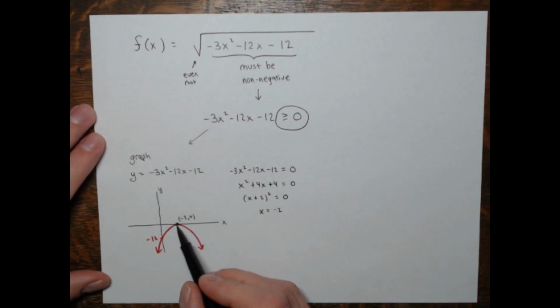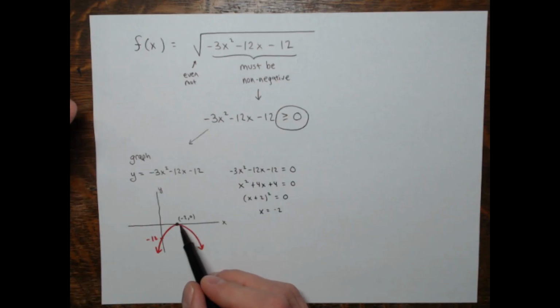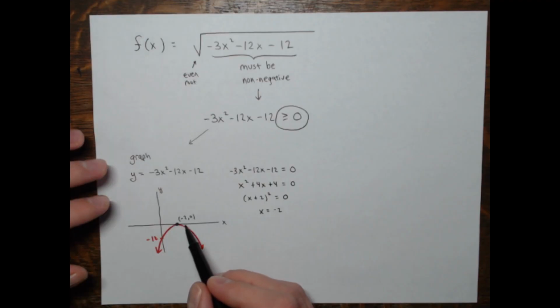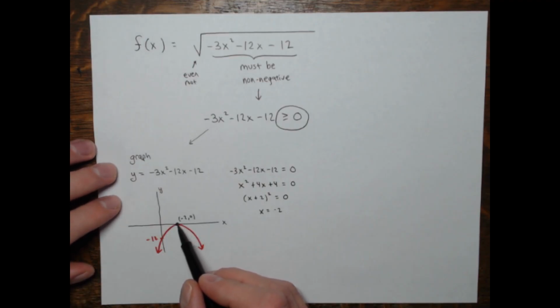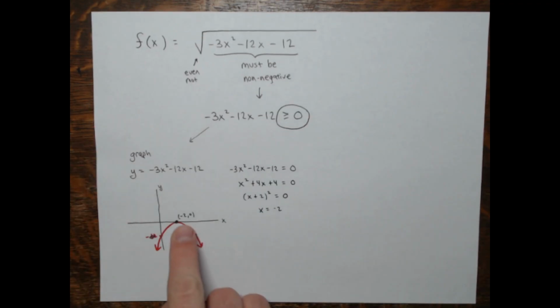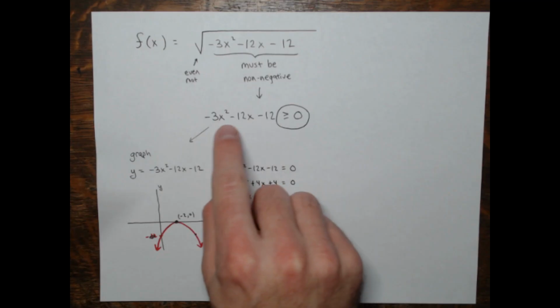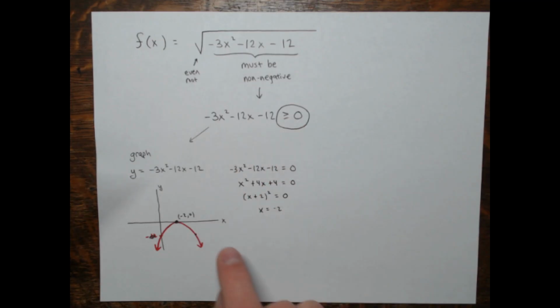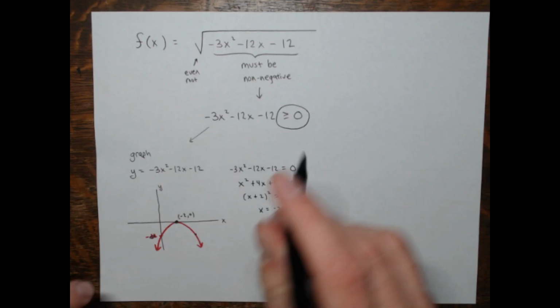The only time it's equal to 0 is when x is, well, negative 2. I know I put negative 2 over here, I'm sorry. But negative 2 is where it's 0, and then everywhere else, so sorry, I guess this should be over here, the y-intercept. But everywhere else, this expression is less than 0, right? You have y values less than 0.